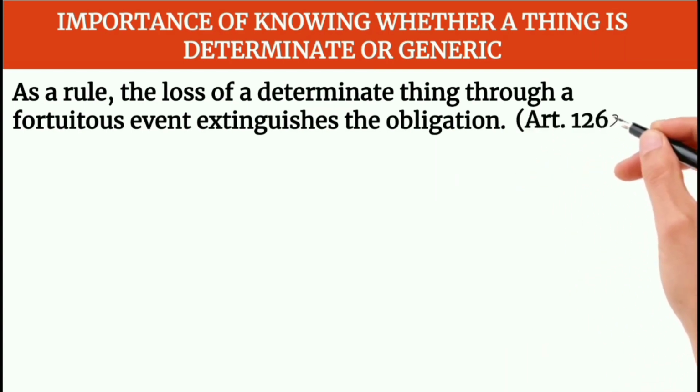This is Article 1262 of the New Civil Code of the Philippines. Ang ibig sabihin lang nito, ang general rule, kapag yung determinate thing ay nawala o nasira through a fortuitous event, ang obligation ni debtor kay creditor ay matatapos na. That means wala ng obligation si debtor kay creditor. Take note na ang tinutukoy dito ay determinate thing.